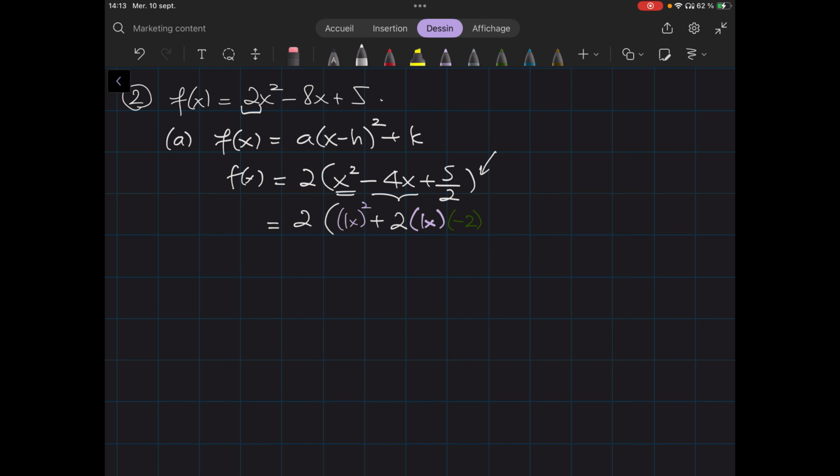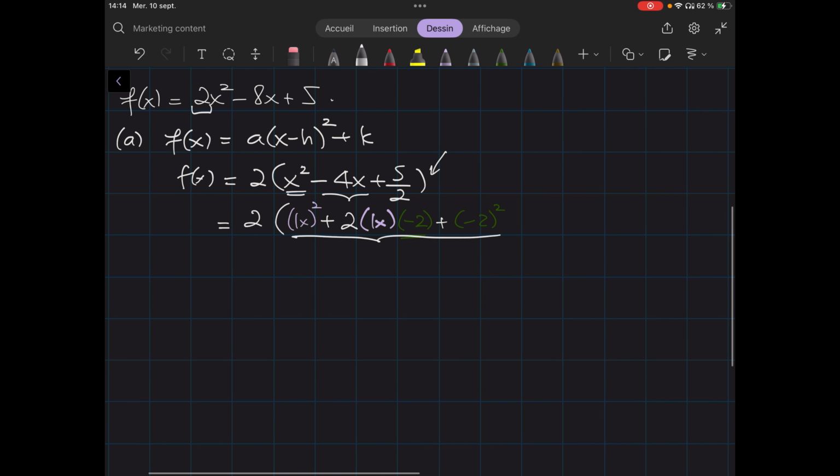To make it a perfect square, we'll then have to add this quantity squared. So this part over here would give you a perfect square. But because you just add this, you also have to subtract it to make it back to normal. And then of course you would carry the 5 by 2 down.